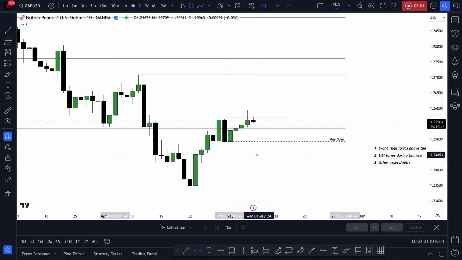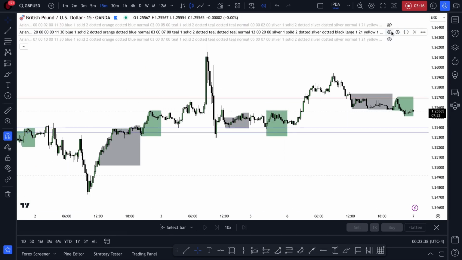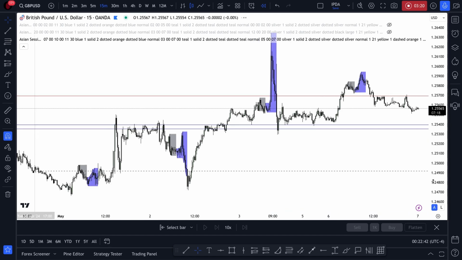Currently, right now, we can see that the Monday New York model gave a sell opportunity. So we're going to briefly glance at that here. Price was above Sunday's opening price.